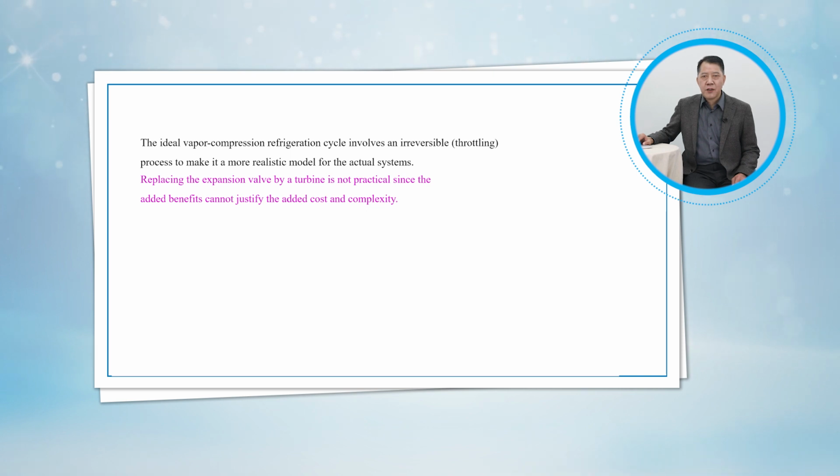If the throttling device were replaced by an isentropic turbine, the refrigerant would enter the evaporator at state 4' instead of state 4.